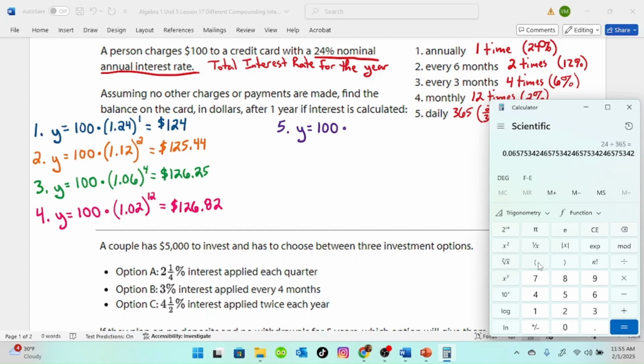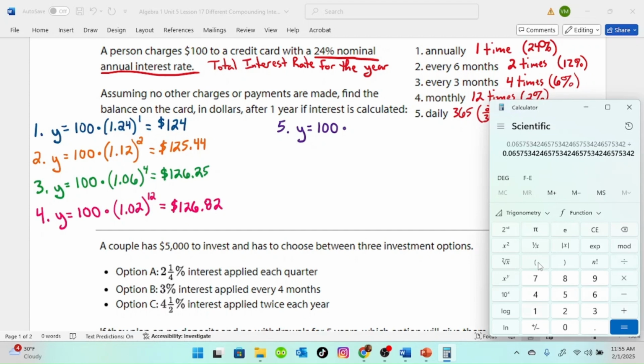So this is representing percentage. I need to turn that into a decimal. So I'm going to move the decimal point 2 more spots to the left.